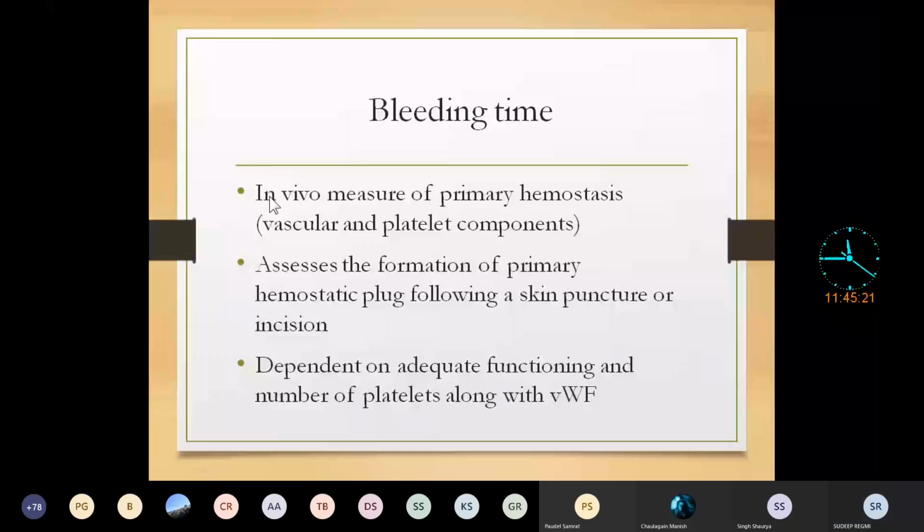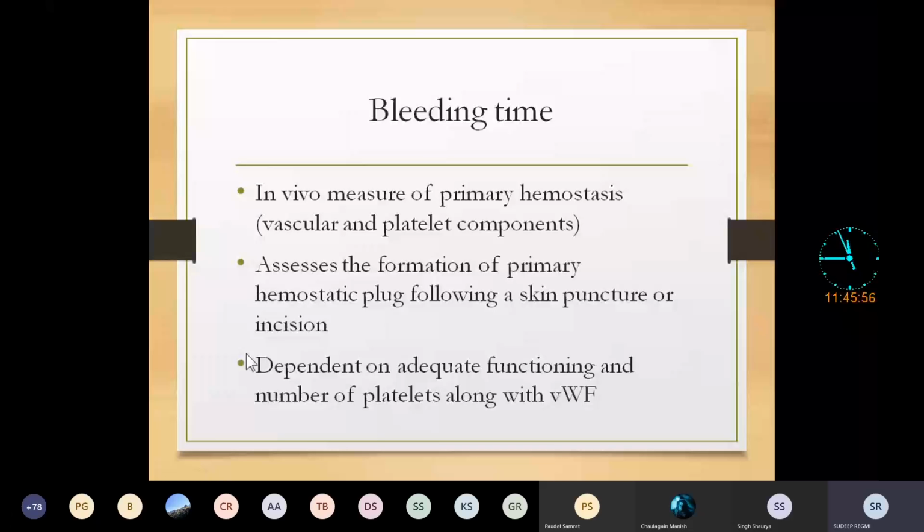In the vascular component we are looking mainly at the von Willebrand factor, and the platelet components: whether platelets are there and adequate to come and adhere and aggregate wherever there is trauma to the vessel, and assist the formation of the primary hemostatic plug following a skin puncture or incision. It is dependent on the adequate functioning and number of the platelets along with the von Willebrand factor.